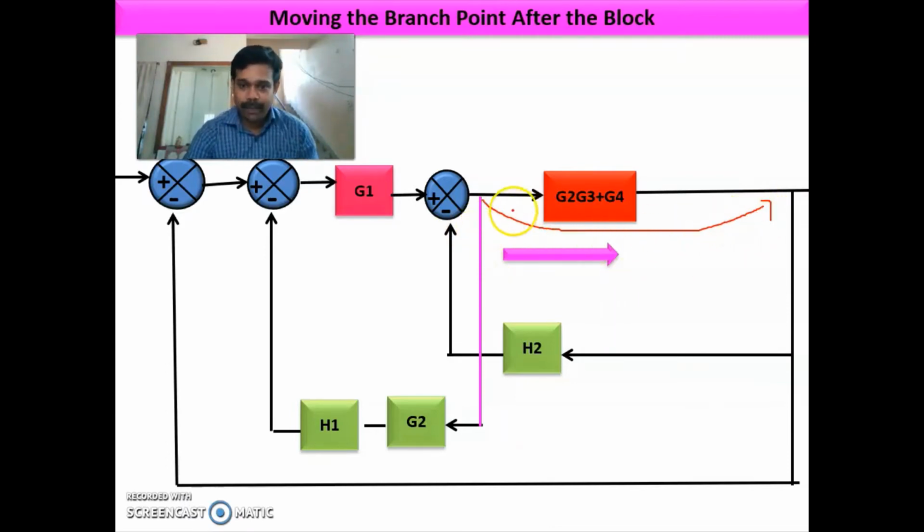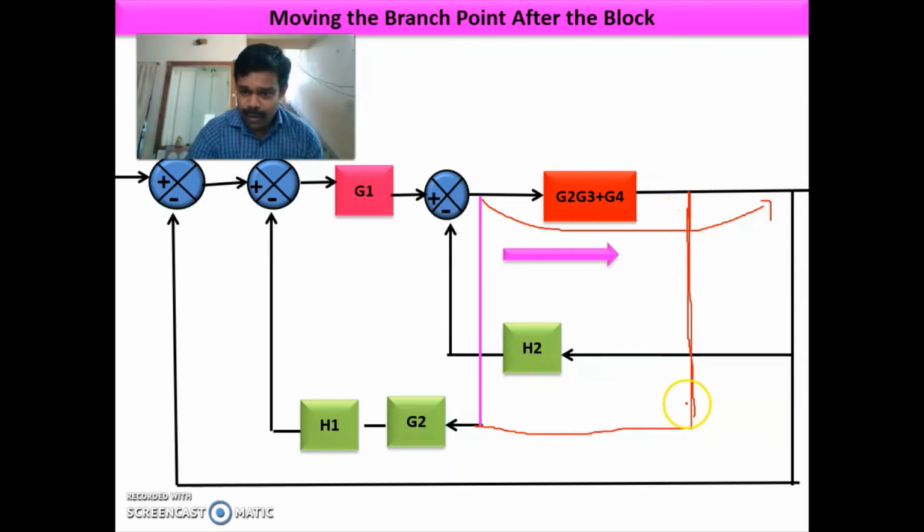Please listen, before moving we are not getting the signal or gain G2 plus G2 G3 plus G4 with this line, but when you are moving it here, you are going to move this branch point from here to here, both are same. Now when you are moving, this G2 G3 plus G4 will also come in this line, but before moving, it will not come in this line.